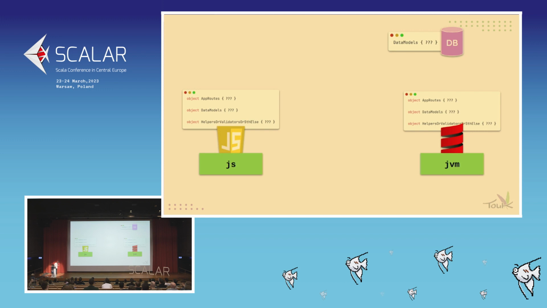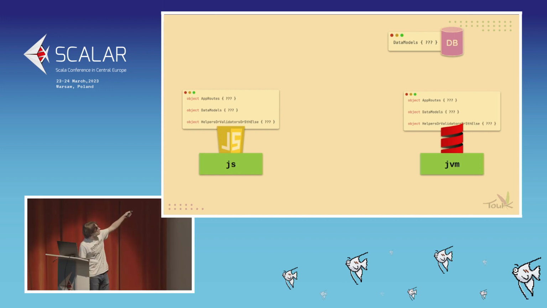So what we started with, and how it usually is, maybe out of laziness, maybe just because it's convenient, or maybe some of you like changing to another stack, is that we have the same approach, the same data models, the same helpers, validators, or something else written in JavaScript and also in Scala.